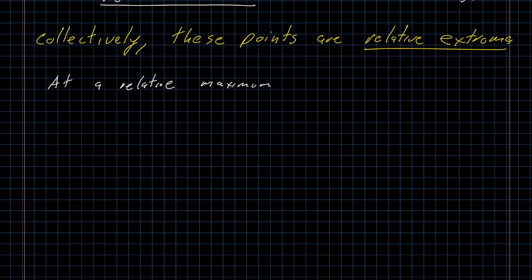Right. At a relative maximum, we know that there is some interval on which the function has to be less than the relative maximum to the left and less than it to the right as well. We also know that the function has to be continuous. Right?